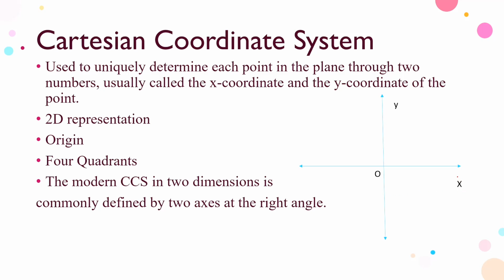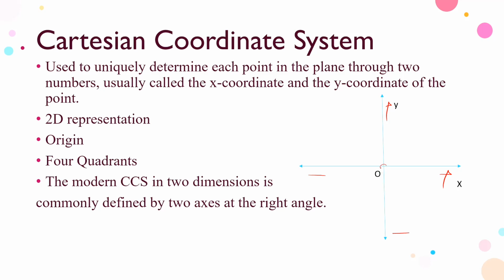This direction of x represents a positive value, and this direction is a negative value. This direction of y represents a positive value, and the downward direction represents a negative value. It is a 2D representation, and the joining point of the x and y axes is known as the origin, which I mention here as O.